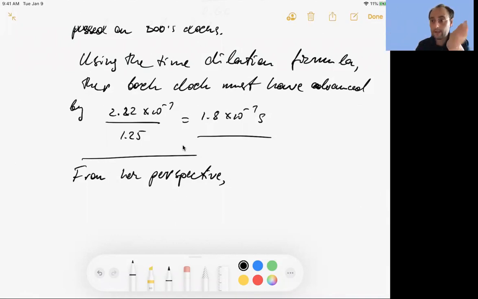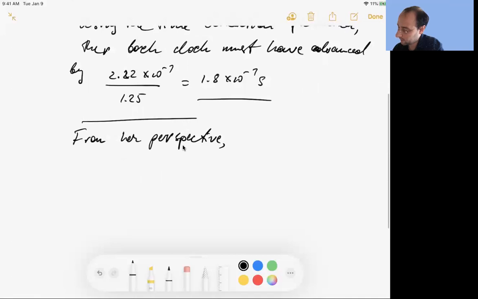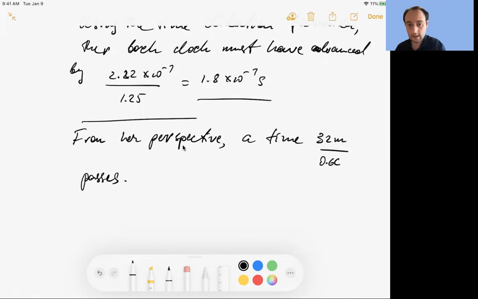So how much time elapses on her clock? Well, it's just distance divided by speed. According to her, the distance is 32 meters. 32 divided by 0.6 c comes out to be 1.8 times 10 to the minus 7 seconds. So you can see that the answers agree.